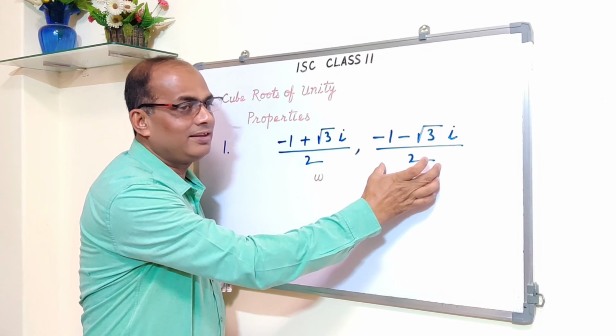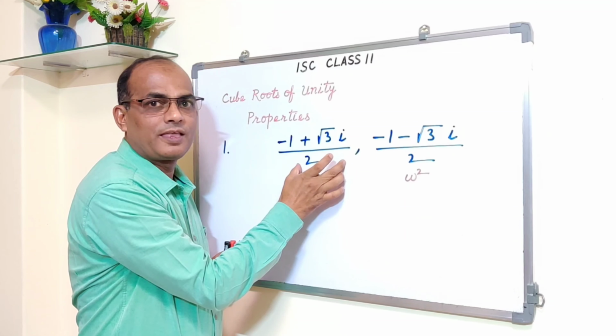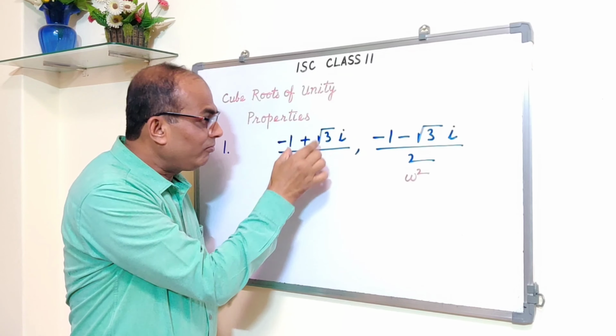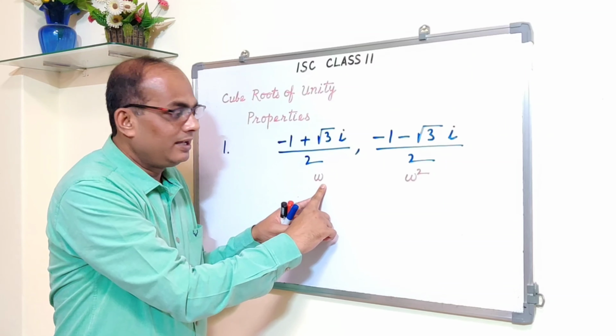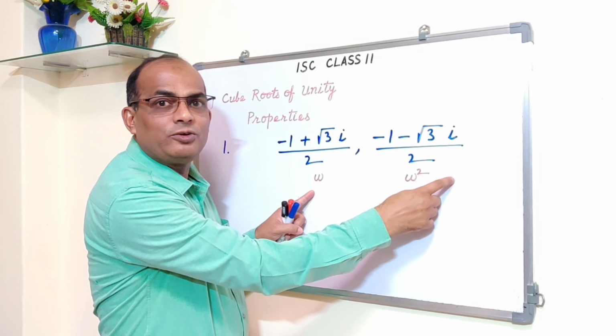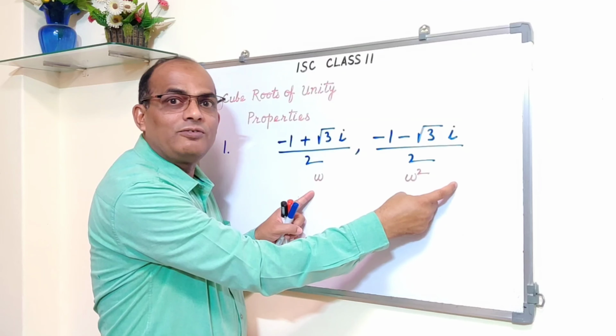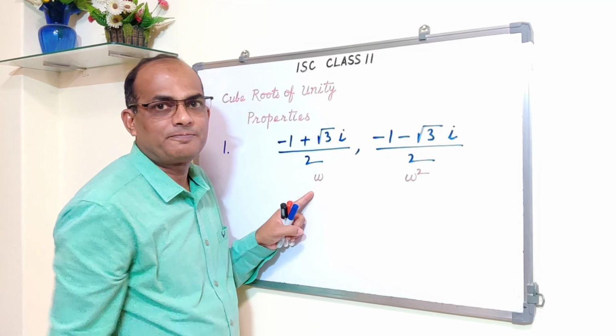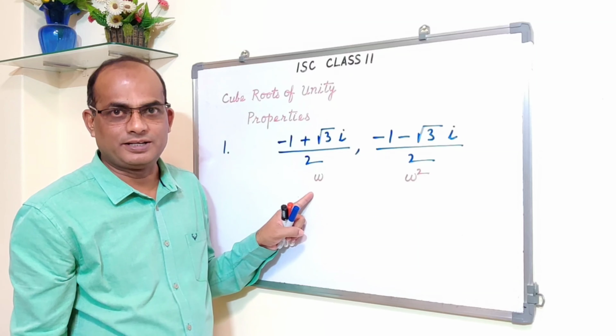Means this is the square of this, or this is the square of this. So if we call this omega, then omega square will be this. That is the property.